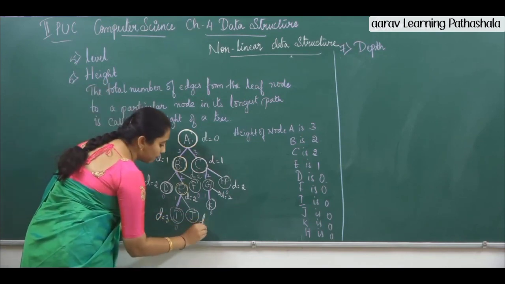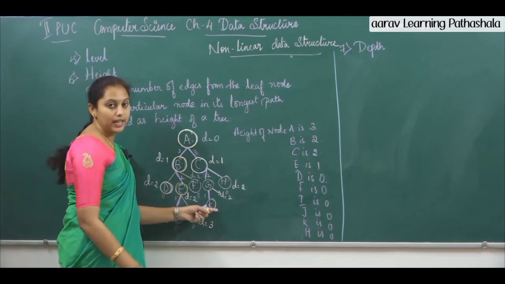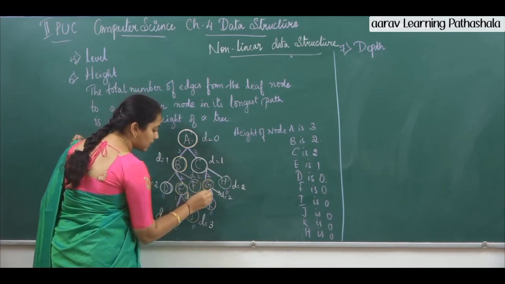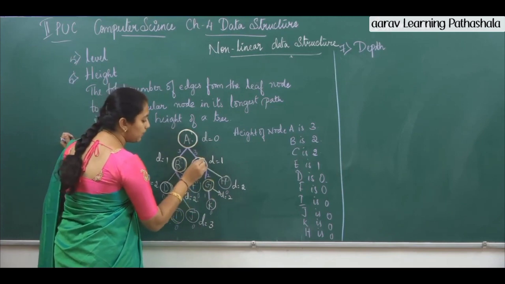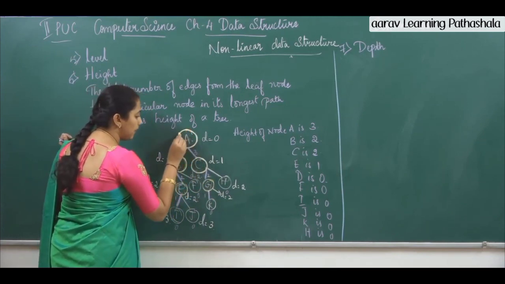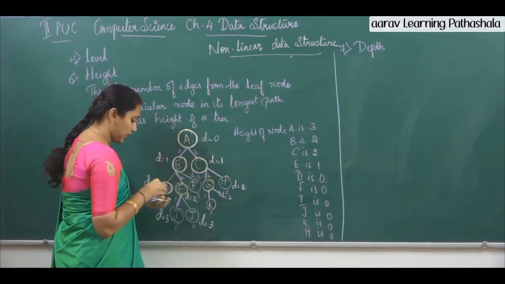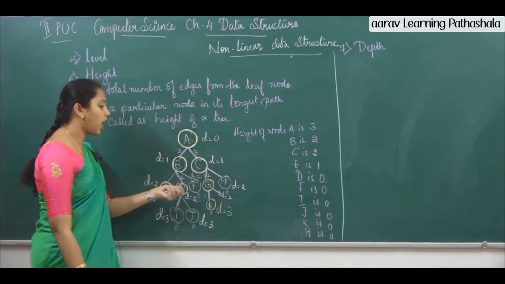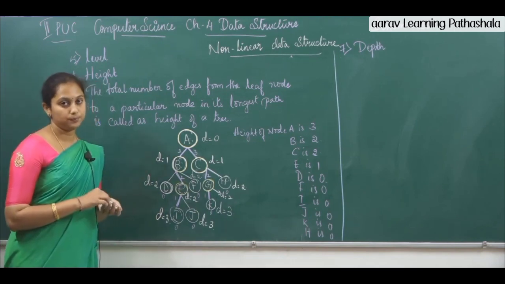It is also the same for J node. For K node, the parent node is G. For G, the parent node is C. For C, the parent node is A. Hence, the depth of this node is 3. This is how you have to find the depth of a node.